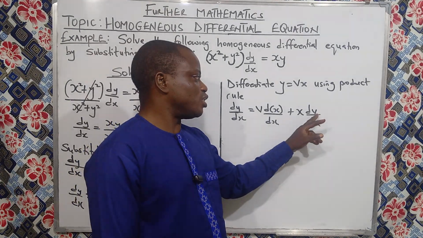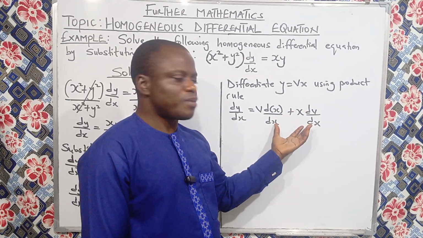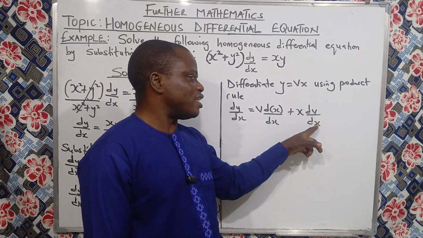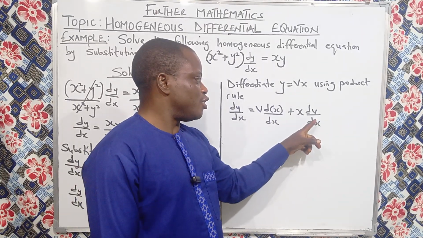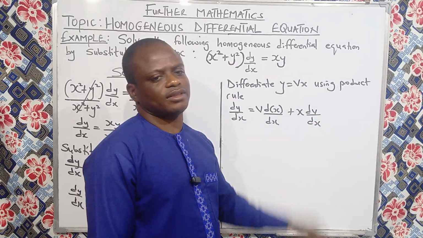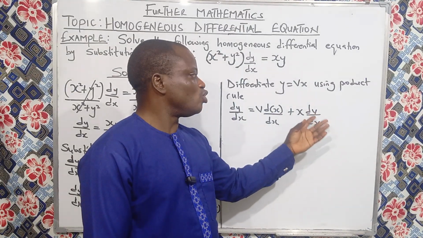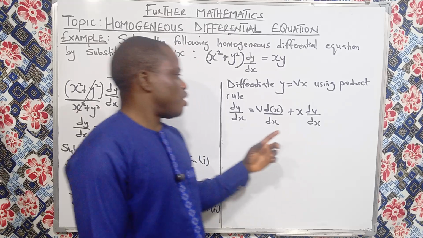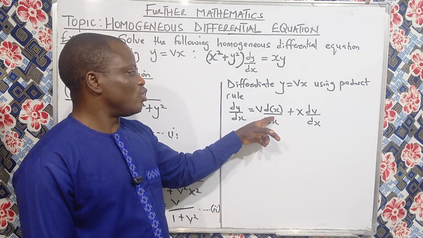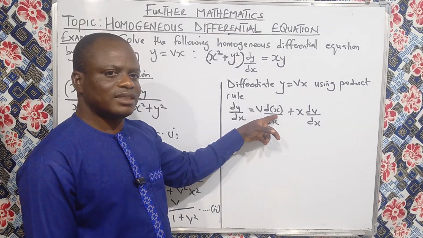The reason why we leave this dv over dx the way it is in our expression is that for v, there's no guarantee that dv over dx is equal to 1, because v may vary at any rate with respect to x. Since it varies at any rate with respect to x, there's no universal value for it. But in the case of x, only x itself has a fixed guarantee.